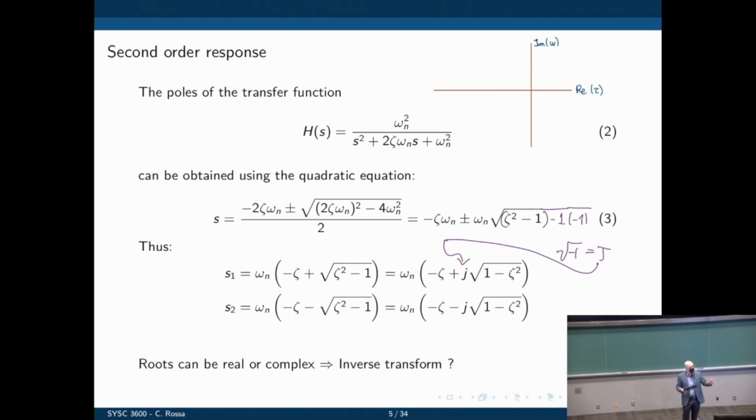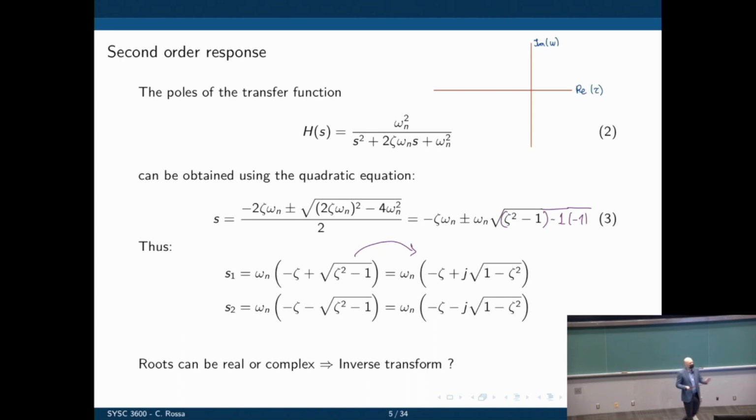I just multiplied by -1 twice, so I'm multiplying by 1. Doesn't change anything. But now I take the square root of -1, which is j. One of the negative ones comes out of the square root, and that's the j in front here. And now you see that the sign flips inside. These two representations are exactly the same.